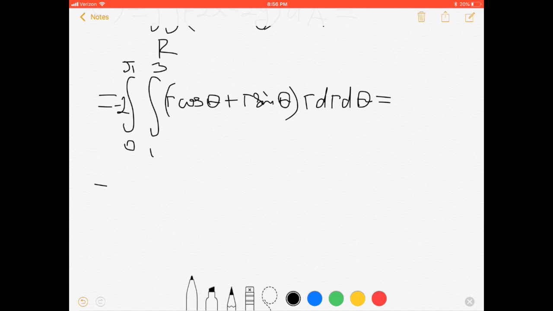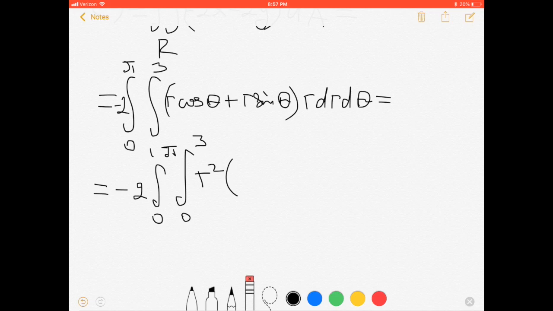Here we have minus 2 integral from 0 to pi, integral from 1 to 3, r squared, what I wrote was 0 to 3, it should be 1 to 3, automatically. This means here I have cosine theta plus sine theta dr d theta.